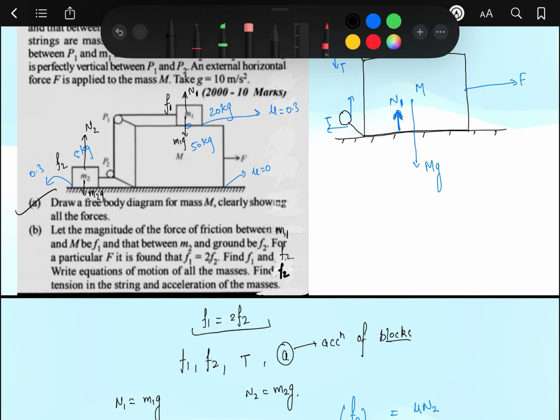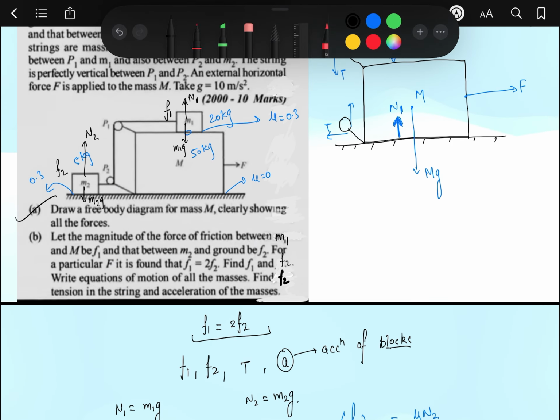Now if I draw the free body diagram of this m1, what is the condition here? This is the tension force acting on this body.